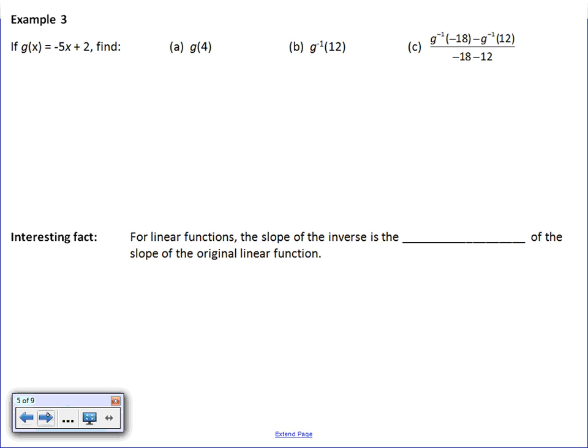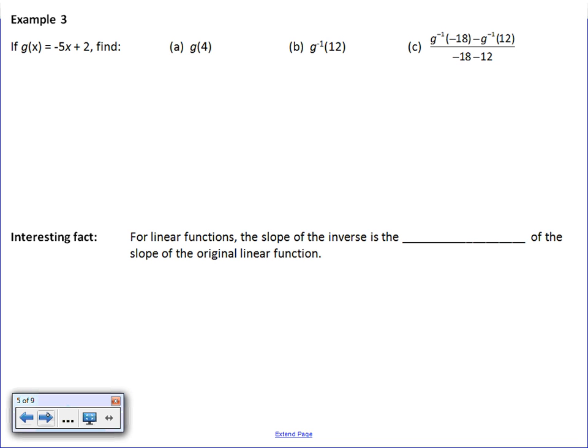Now, if g at x equals negative 5x plus 2, find A, g at 4, B, g inverse of 12, and then C, that thing. We'll get to that thing later. Let's worry about the first two.